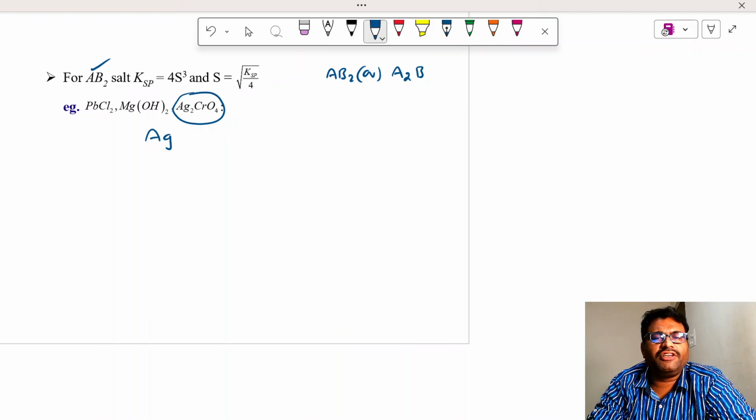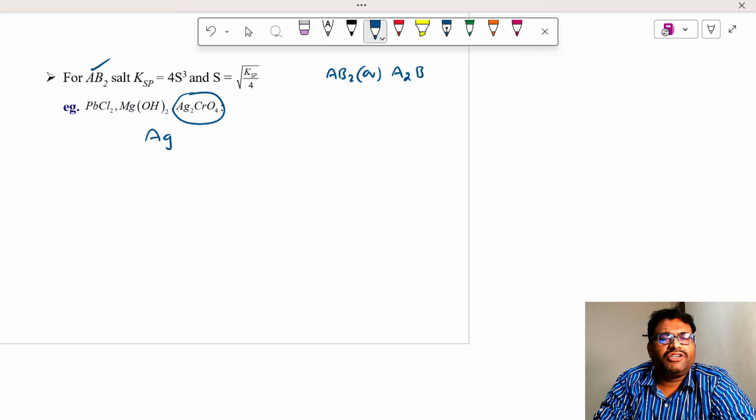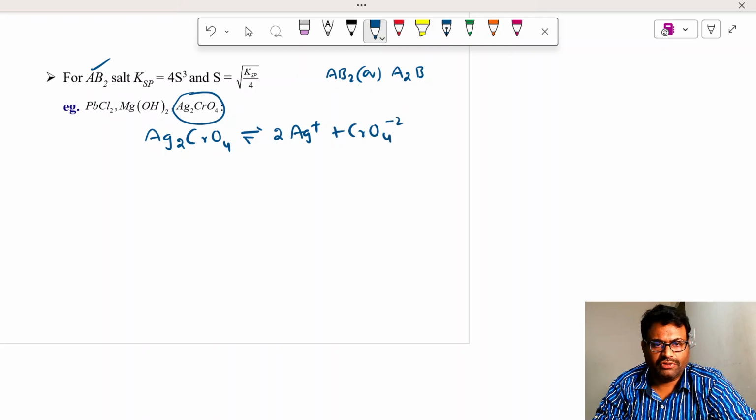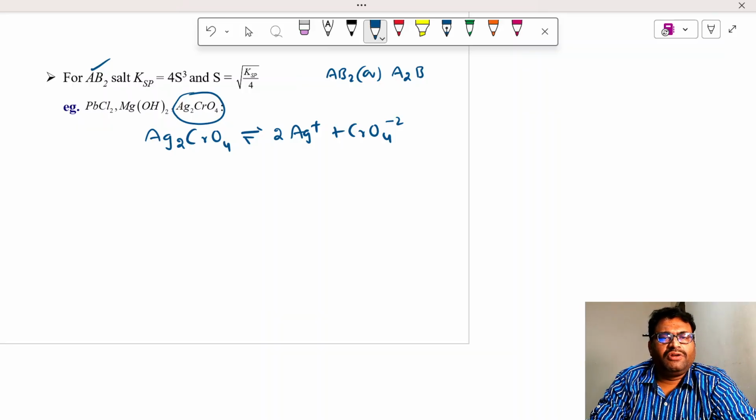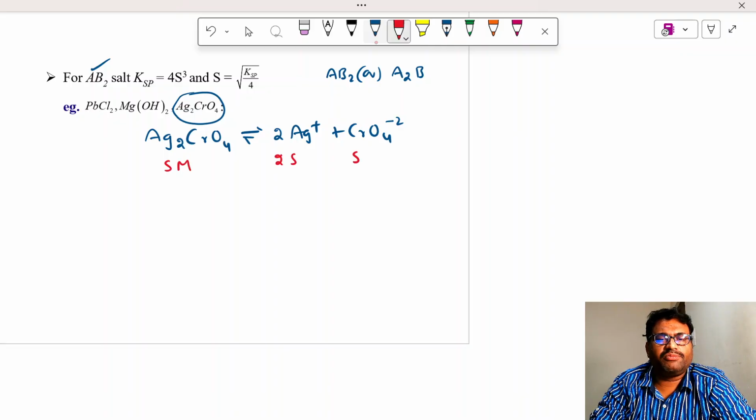Either of these will work. Ag2CrO4 dissociates to form 2Ag plus and CrO4 minus 2. Now S moles per liter on dissociating gives 2S moles per liter and S moles per liter. Capital M means moles per liter.